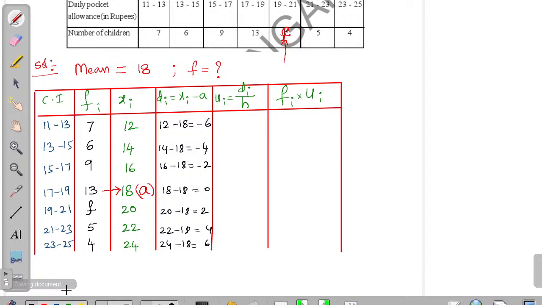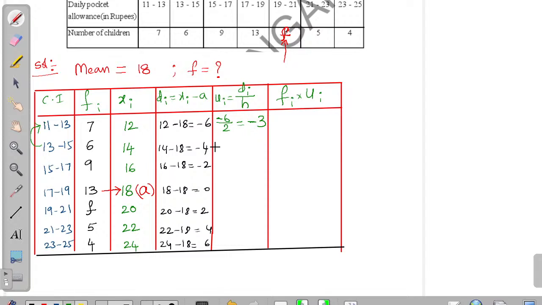After that, ui means di by h. Di is minus 6 here, h is 13 minus 11, which is 2. So minus 6 by 2 you will get minus 3.